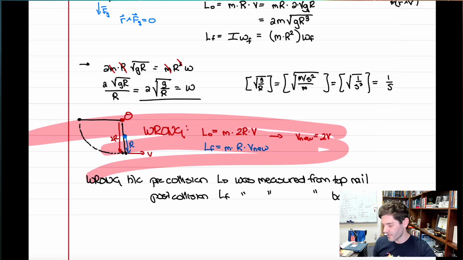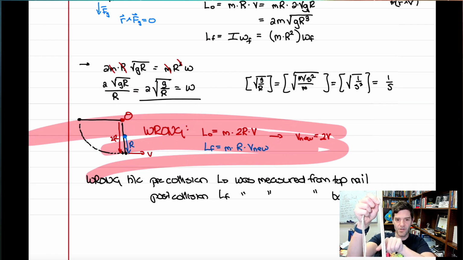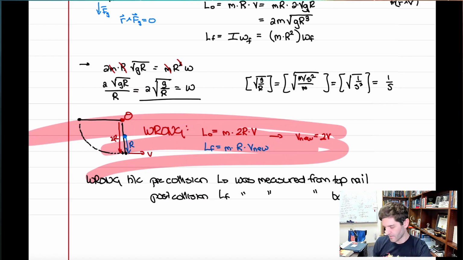So even though it starts kind of rotating around that top nail, you still have to measure everything from that mid nail if you want to then use that as pre-collision and then post-collision and apply angular momentum conservation. So always got to be careful with that pesky angular momentum conservation. All right, that does it.